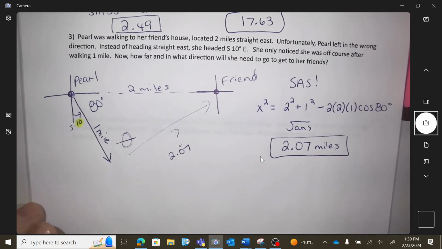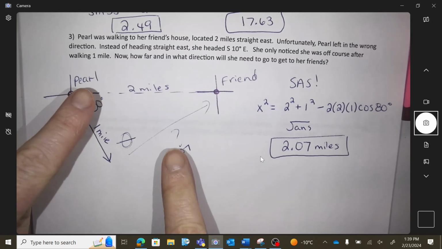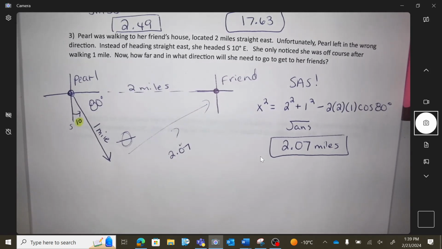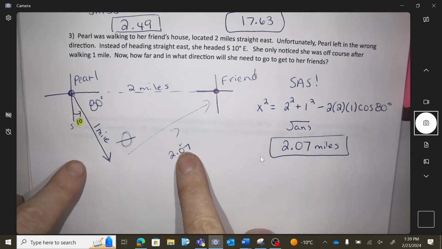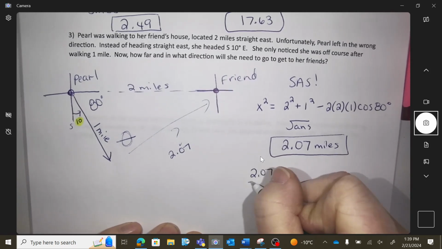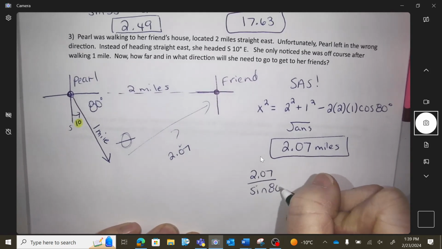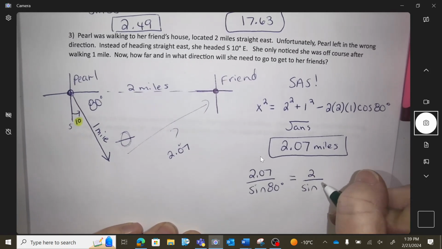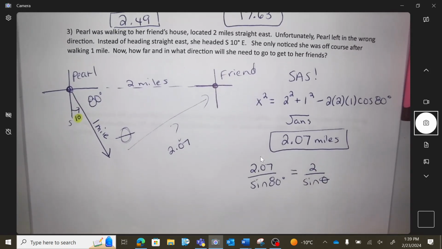So would you be okay if I set up some sine law right here now? Do you see it now? Now that you have that, you can go sine law. So 2.07 is across from the 80 degree, and 2 miles is across from what angle in that corner?